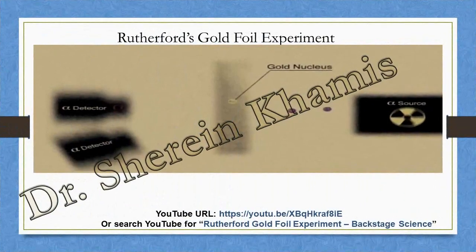We have the gold nucleus here, and we can see the atom in front of you. We have the gold nucleus, and we have the source of the alpha particles. We will also see the video of Rutherford's gold foil experiment.